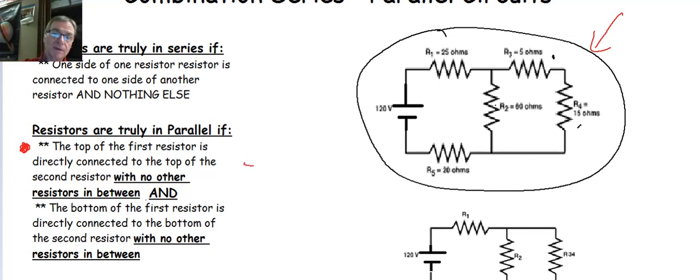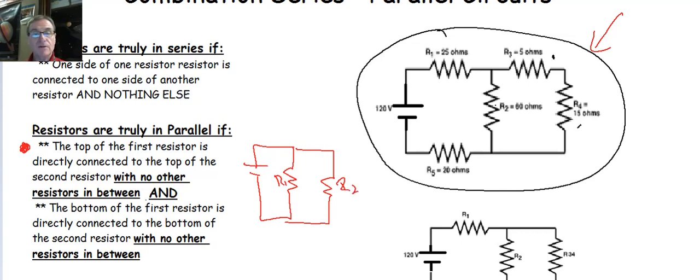However, if I were to draw a circuit like this, say this is R1, this is R2, these resistors are truly in parallel. Why? Because the tops of the resistors are connected with no other components in between. There's only a wire between them, and theoretically our wire is just like a single point.